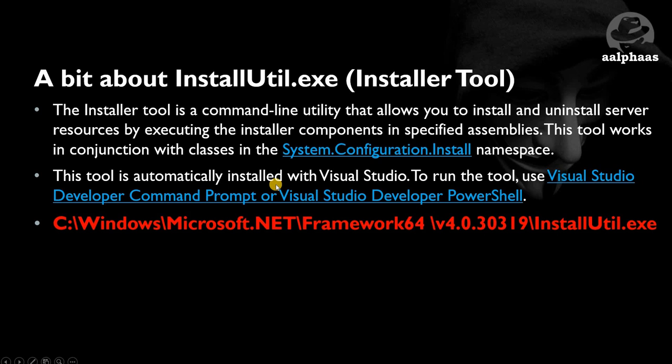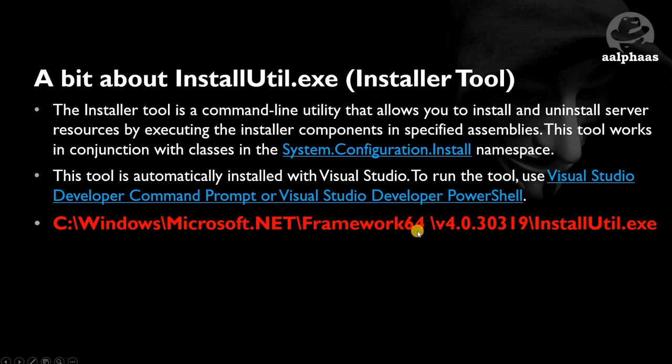One more thing: it is automatically there on the Visual Studio .NET Framework path, and it will be there on almost all Windows 10 machines. On Windows before that, I think Windows 7, I'm not sure, I didn't test it. This is the normal path where I can find this binary, and this path is for 64-bit machines.